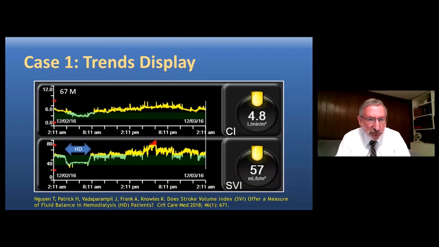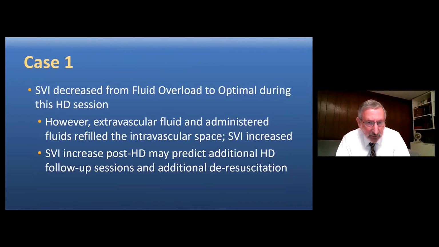The patient's SVI is stabilizing, and when you finish dialysis, the patient will re-equilibrate and come back up. So in this case, the SVI decreased during dialysis and then re-increased as fluid was mobilized from the extracellular area into the intracellular zone.